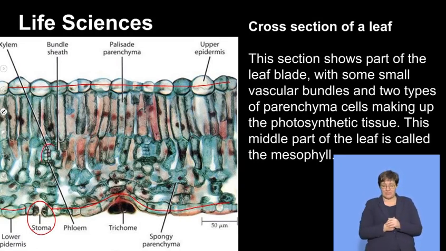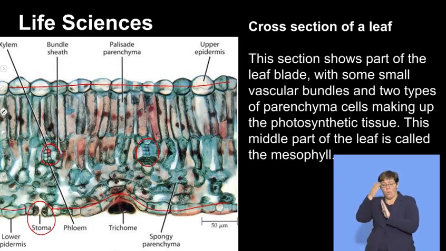Then we find funny little patches here, and those are side veins or vascular bundles containing xylem with its thicker walls and phloem with its thinner walls.